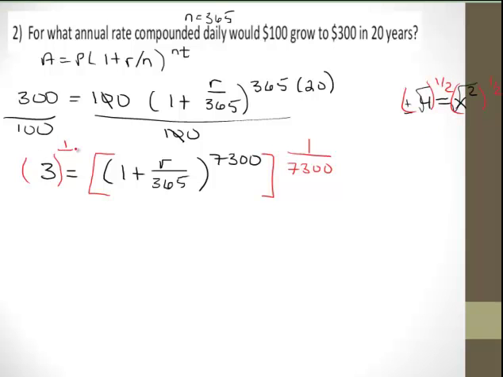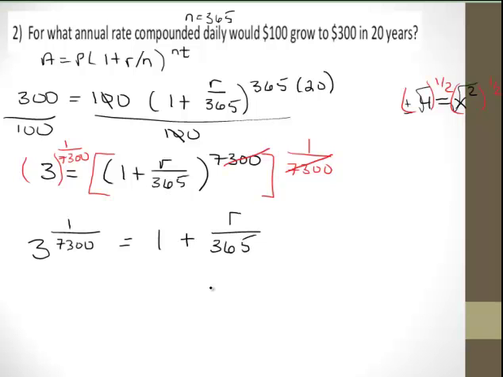Okay, so that's all we need to do. Raise both sides to the 1 over 7,300 power. That's going to make these go away. So here's what we have. 3 to the 1 over 7,300 is equal to 1 plus r over 365. Well, now it's pretty simple. We're going to subtract 1, so we get 3 to the 1 over 7,300 minus 1 equals r over 365.